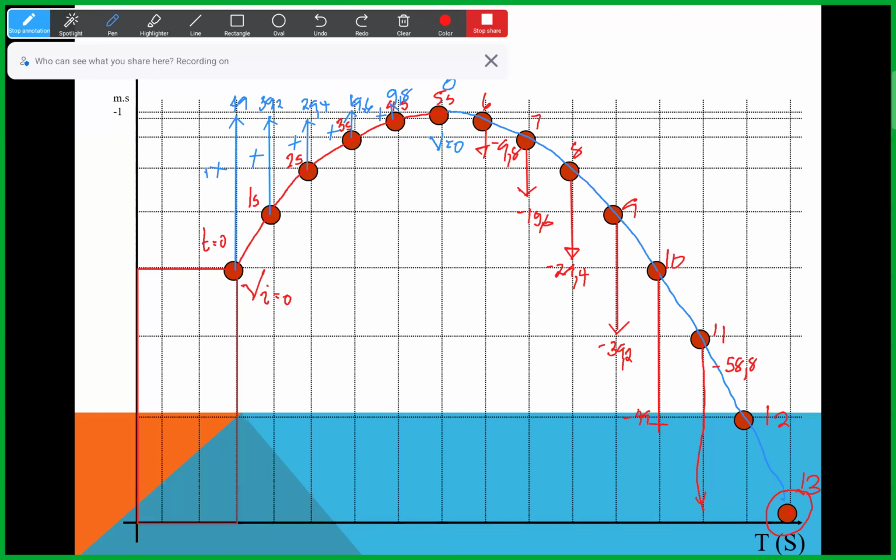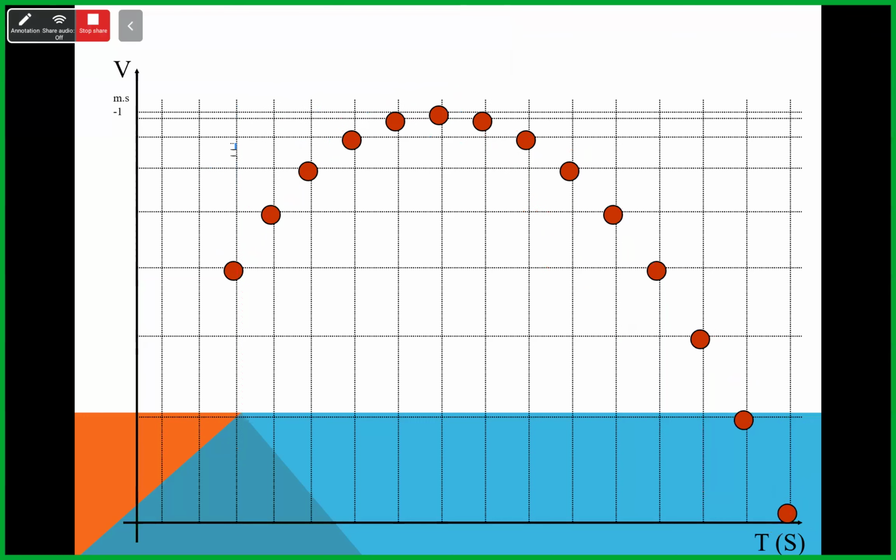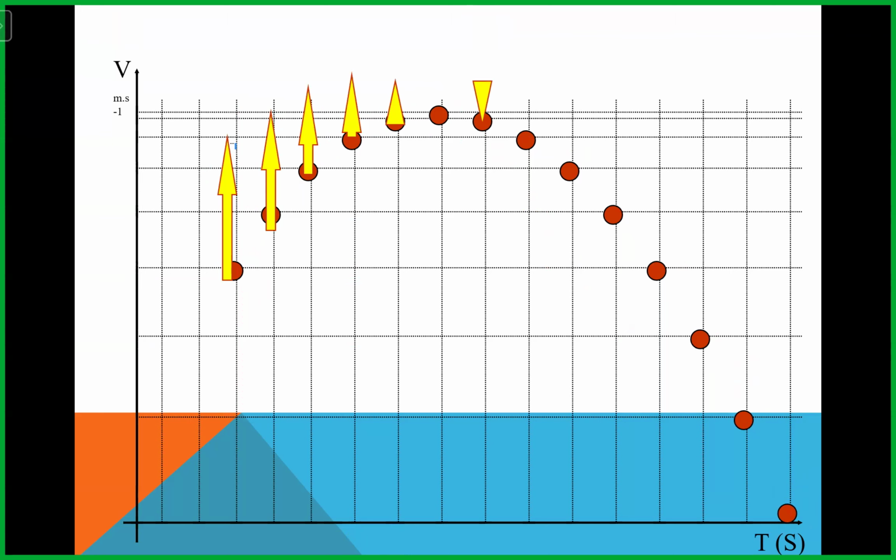So if I take all of this out now and show you what the velocity vectors will look like, it was exactly what I told you. 49, 39.2, 29.4, 19.6, 9.8, 0, minus 9.8, minus 19.6, minus 29.4, minus 39.2, and at the same level at which you started off, you're going to have the same magnitude of velocity, but in the opposite direction.